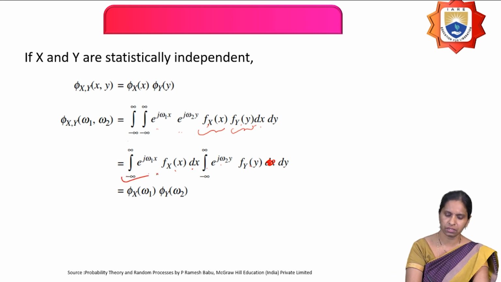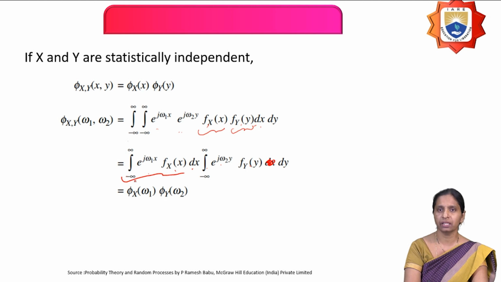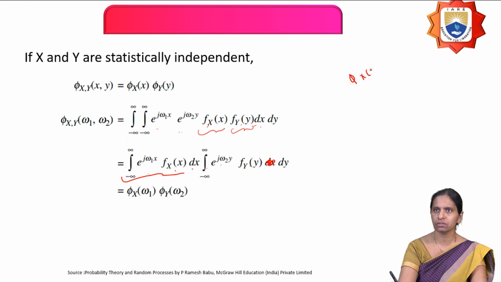Now what is the integration from minus infinity to infinity of e power j omega 1 x into fx of x? So what is phi x of omega, the characteristic function of the random variable x? For a single random variable, you have the expectation of e power j omega into x. In case x is a continuous random variable, then how do we write this?